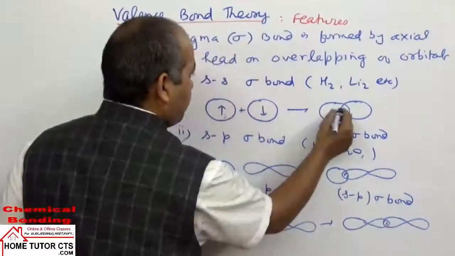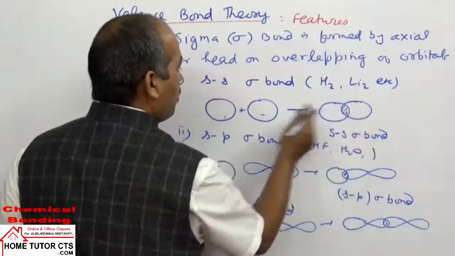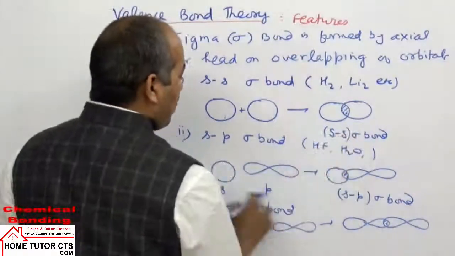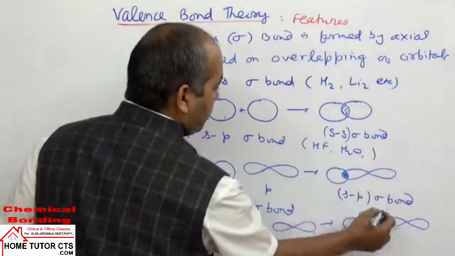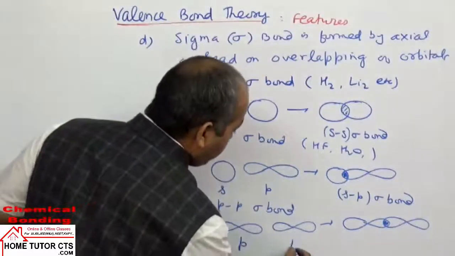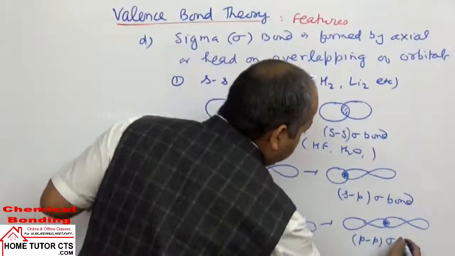Or you can add it directly without electrons. S orbital overlapping forms the S sigma bond, SP overlapping forms the SP sigma bond, and overlapping of p orbitals forms the PP sigma bond.